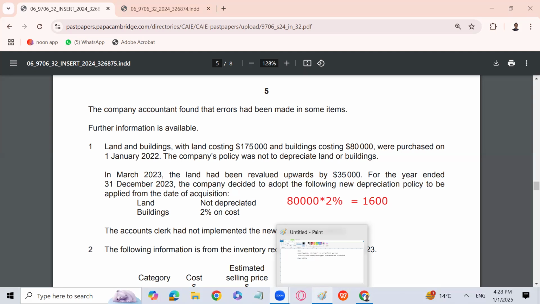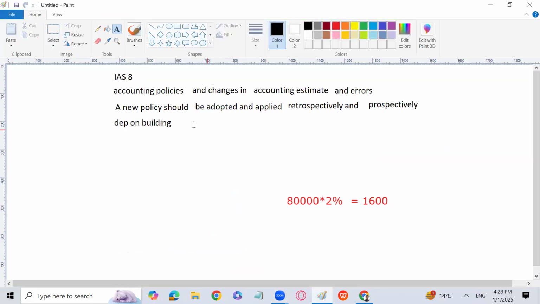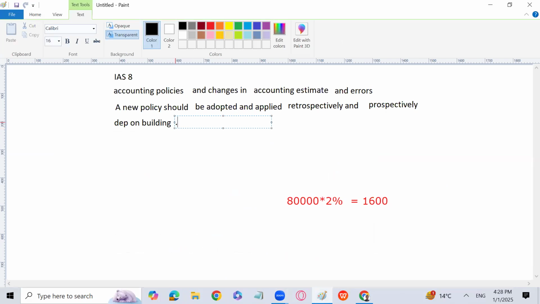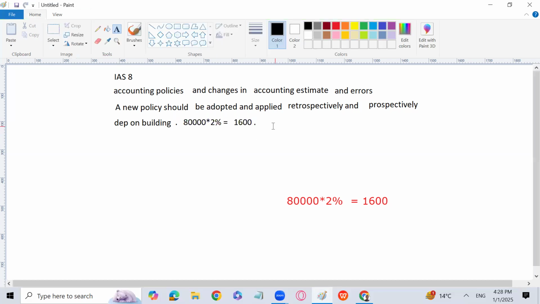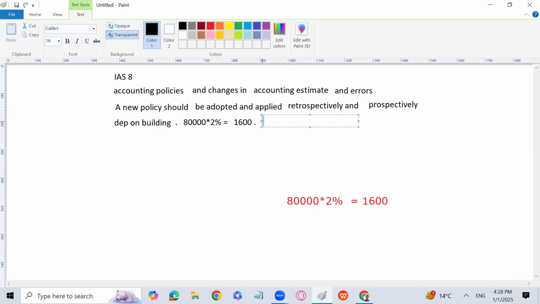So how is this treatment going to be made? This 1,600 of depreciation, which we have calculated on the cost of building 80,000 at 2%, will be subtracted from current year profit, obviously, because the depreciation should have been charged for the current year.